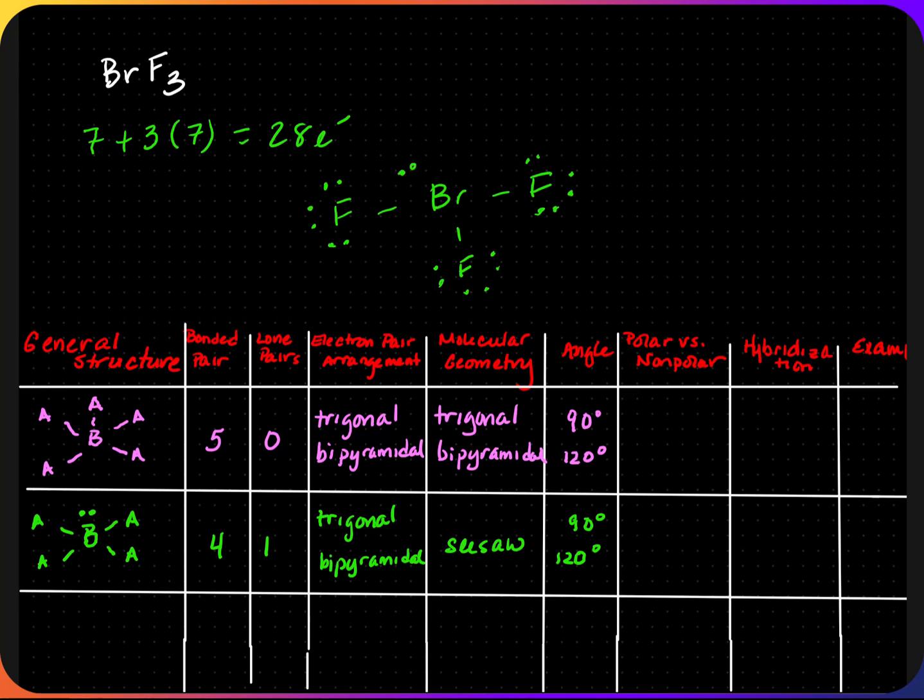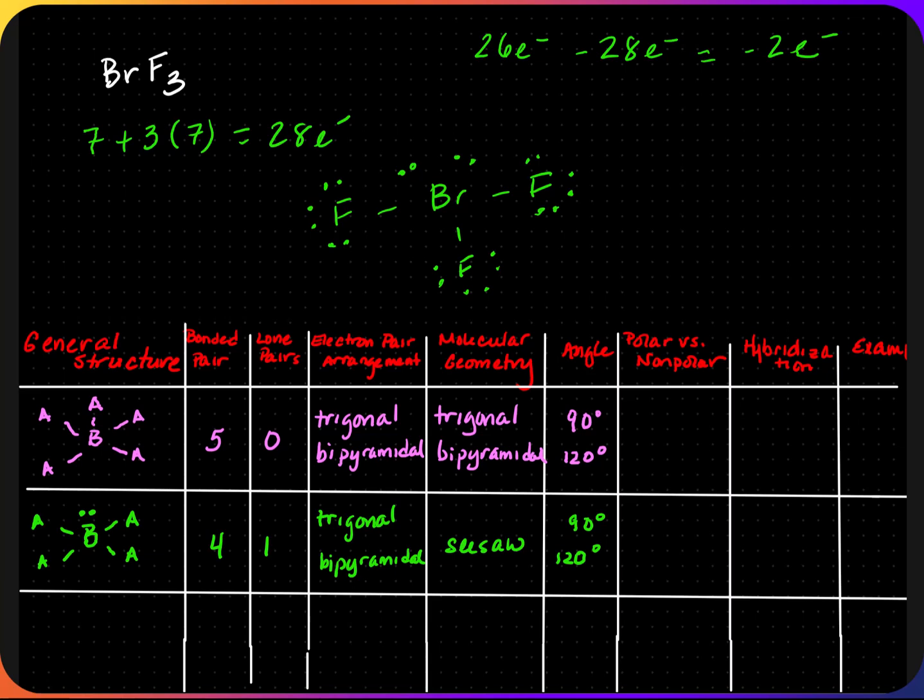If I count, I'm going to have 26 electrons in the Lewis dot structure. However, I need 28 electrons, so the structure is incorrect. I am deficient 2 electrons, and the 2 electrons will go to the central atom. Draw the Lewis dot with single bonds and fulfill the octet and duet rule.